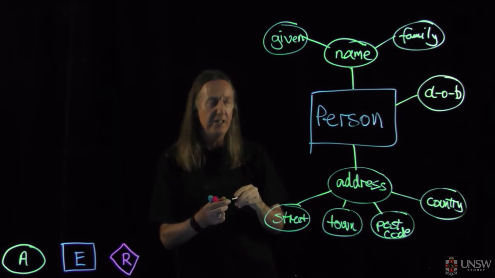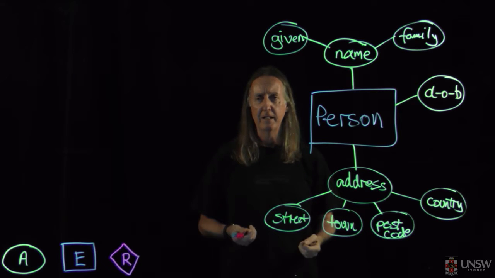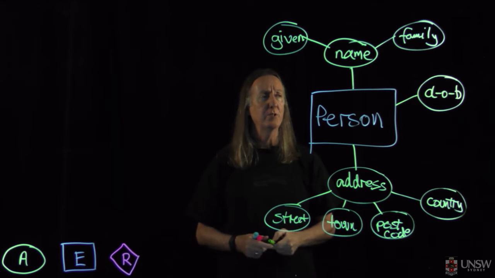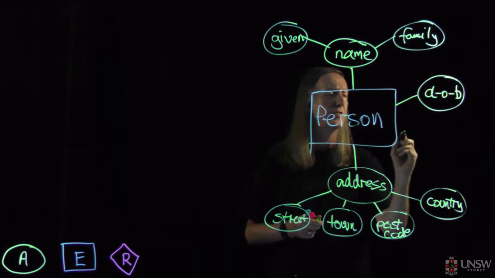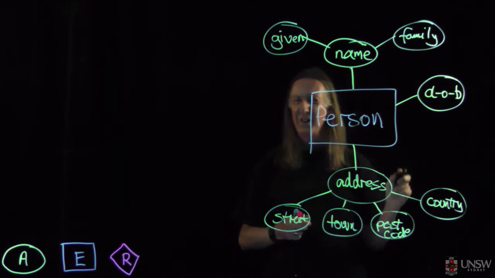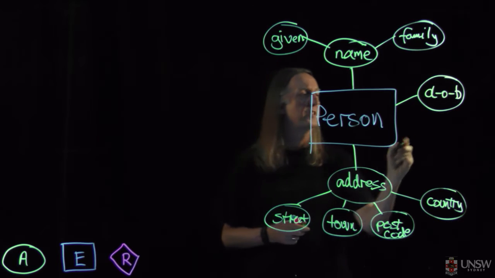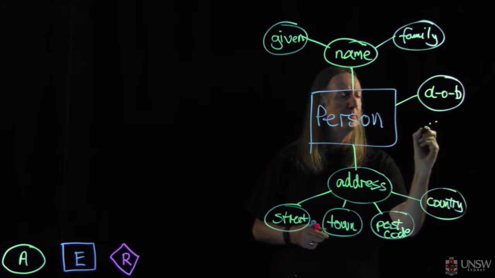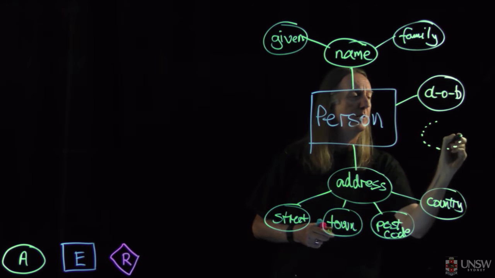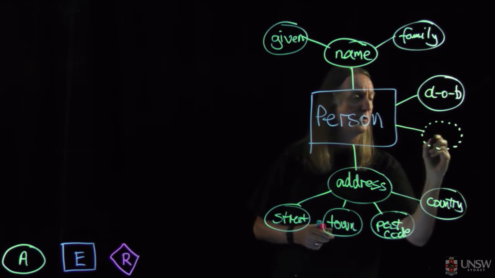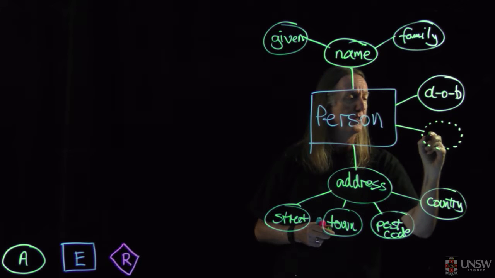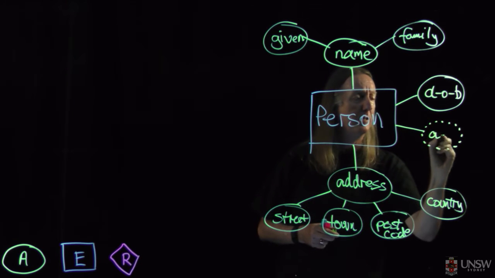Now, if we want to consider their age, we could certainly add an additional attribute to the scenario to show that we're interested in age. But in this case, it's not going to be, if you like, a hard attribute. It's going to be a derived attribute. And it's going to be derived based on the date of birth, and that's how we indicate derived attributes in the notation that we're using.